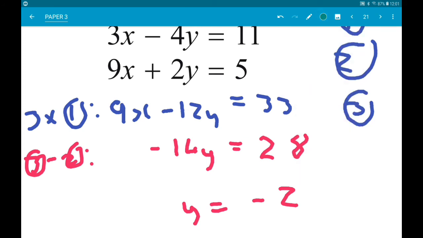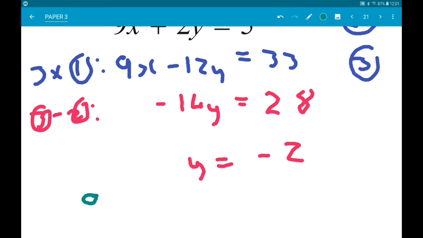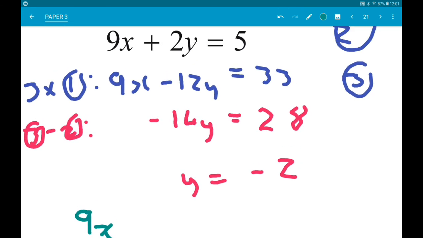So now that we know what y is, we can now find x by substituting our y value into one of the equations. So I'm going to go for equation 2. So now we know 9x, add 2 times minus 2, so that's minus 4.